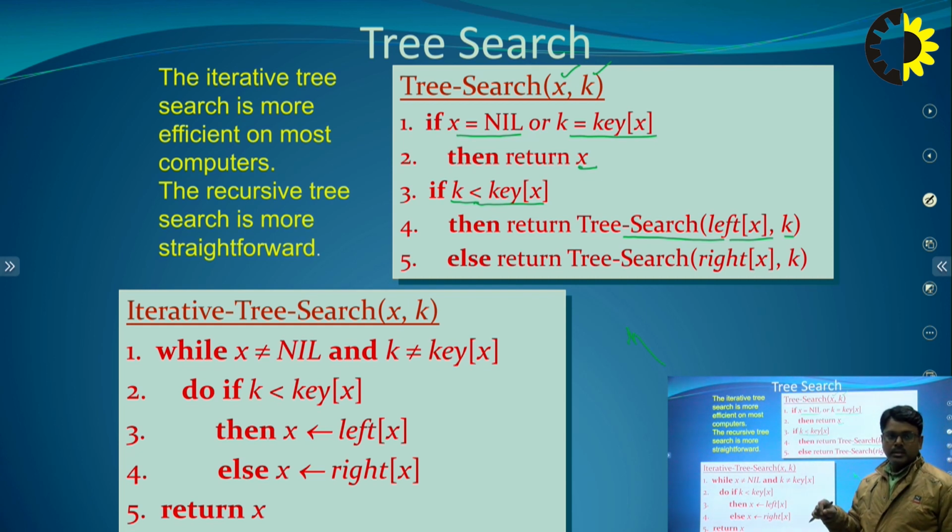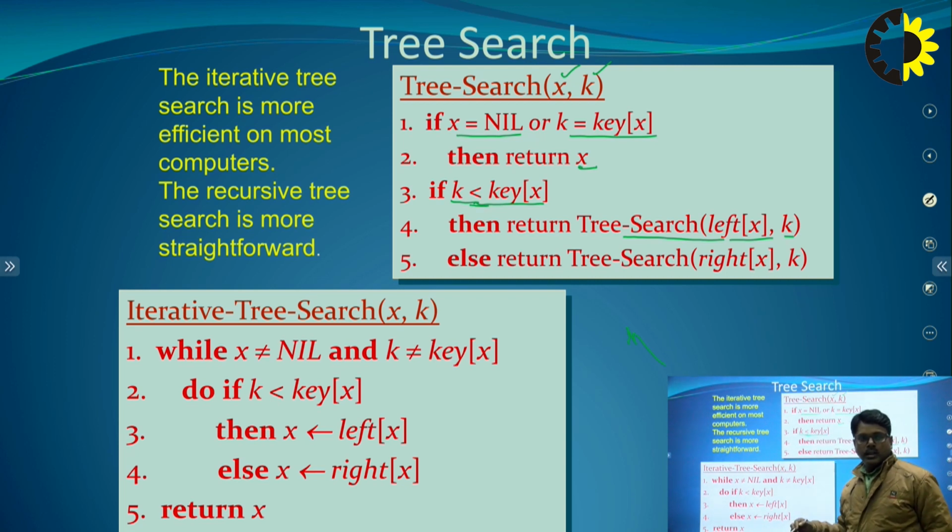It may be present on the next level of the binary search tree. So that's why we need to call recursively, so that we can reach the element until this condition is satisfied.